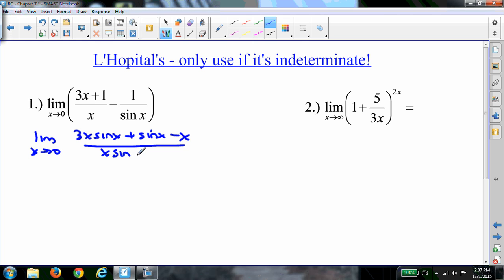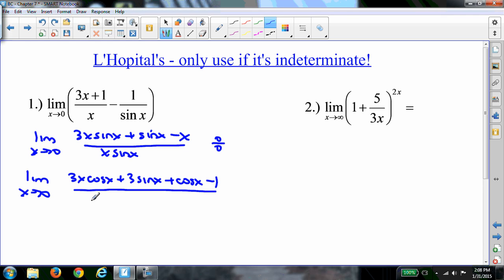And notice if you substitute in x equals 0, you get your 0 over 0 situation, which is your L'Hopital's. So we'll take the derivative of just the numerator, which would be 3x cosine x plus 3 sine x plus cosine x minus 1 all over our product rule. So x cosine x plus sine x.